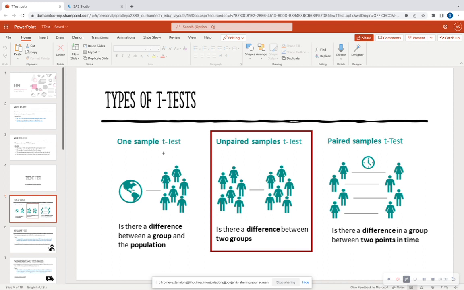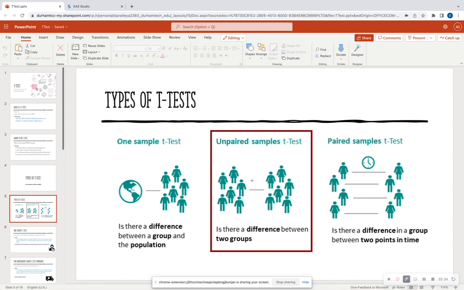So you're taking a sample and comparing it to the population. With that, most of the time the population mean and variance or standard deviation are known, and a lot of times that is not known. So this is one of the most uncommon tests that I have personally used, but there are use cases for it.